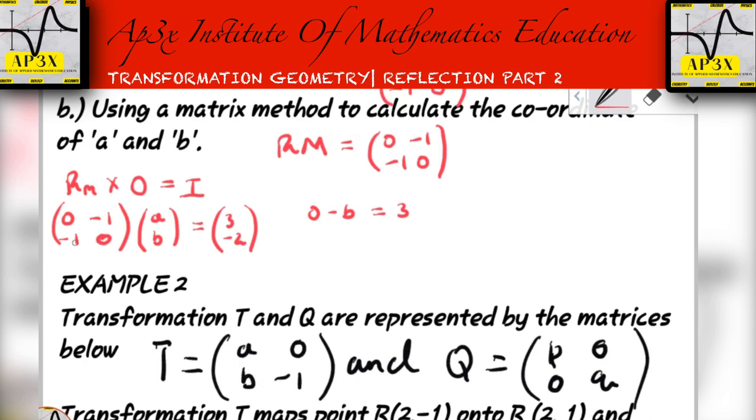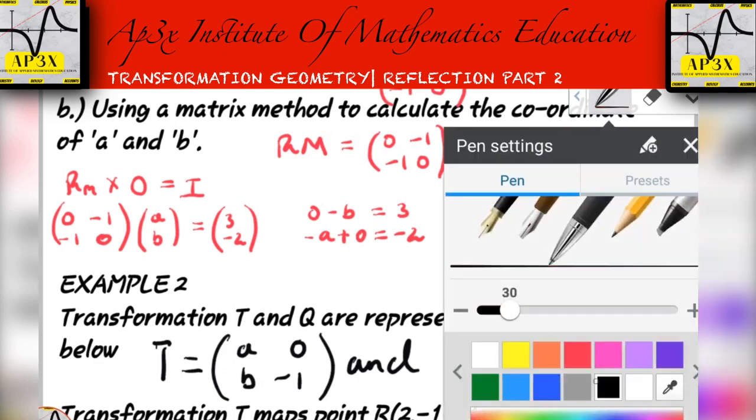And then at the bottom now we're going to go row by column. So that's -1 times a, that is going to be -a, plus 0 times b is 0. And that therefore is going to be equal to -2. Okay, so to solve these equations, we're going to simply transpose.